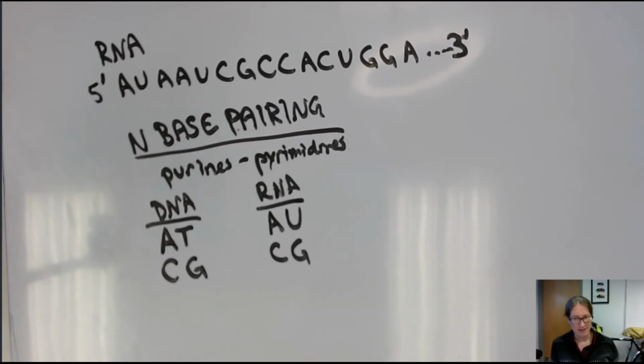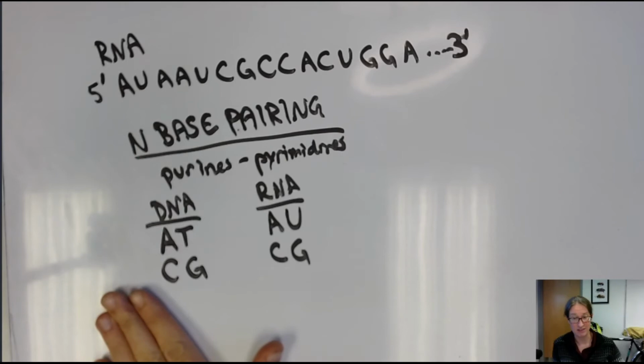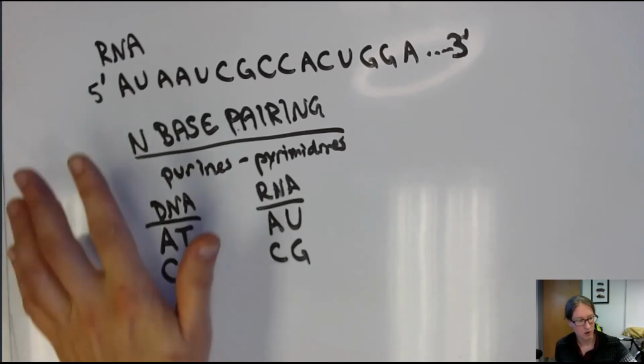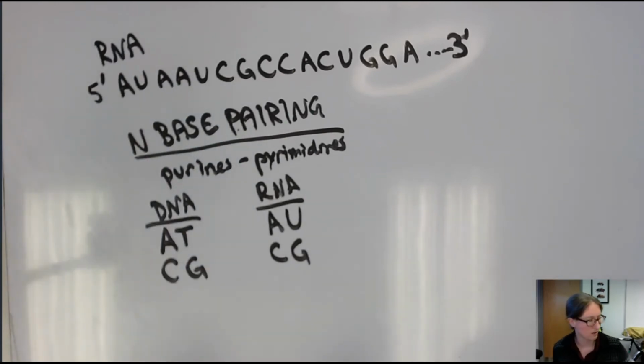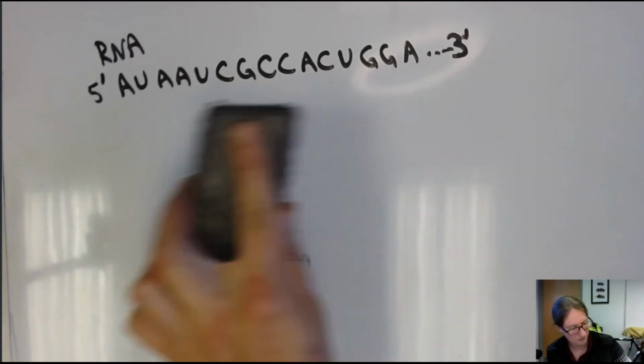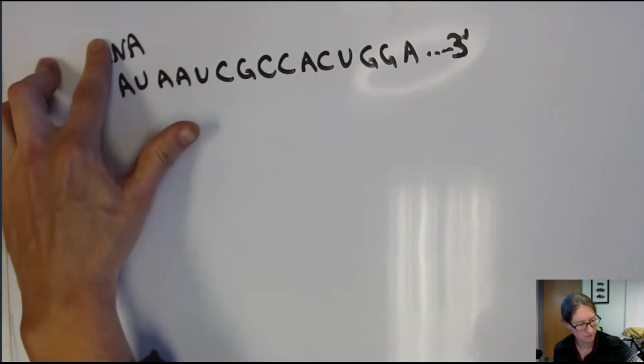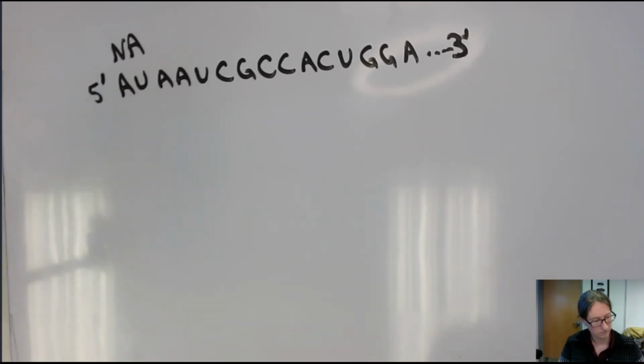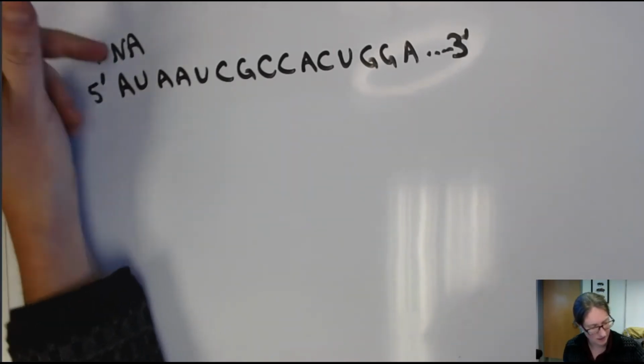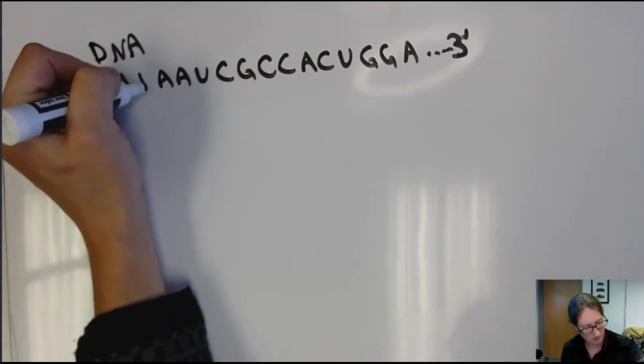If that was not enough, there is one other twist as well. And the additional twist is that when in DNA the nitrogenous bases pair up, they pair up with the molecule's carbon phosphate backbones running in opposite directions. So if I'm going to rewrite this strand of RNA to be DNA, we'll take a look at this pairing. So if this is now DNA, that's going to be thymine.